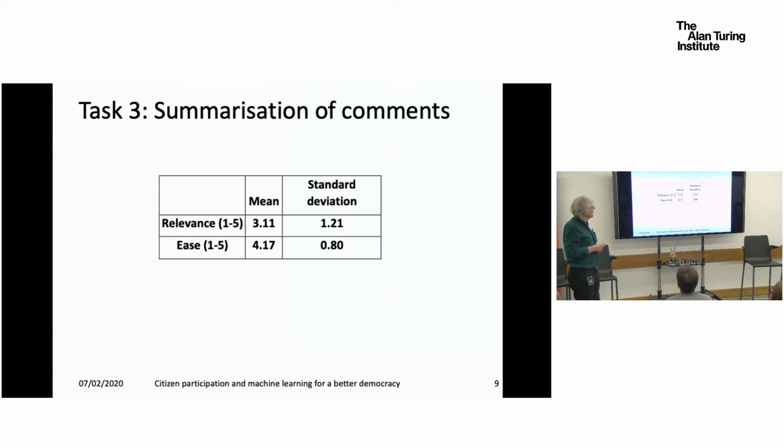And here we have a mean of 3.11, where the scale is 1 to 5, where 1 is not at all relevant and 5 is very relevant, and 1 is not very easy and 5 is very easy. So you can see that both values are in the positive range.